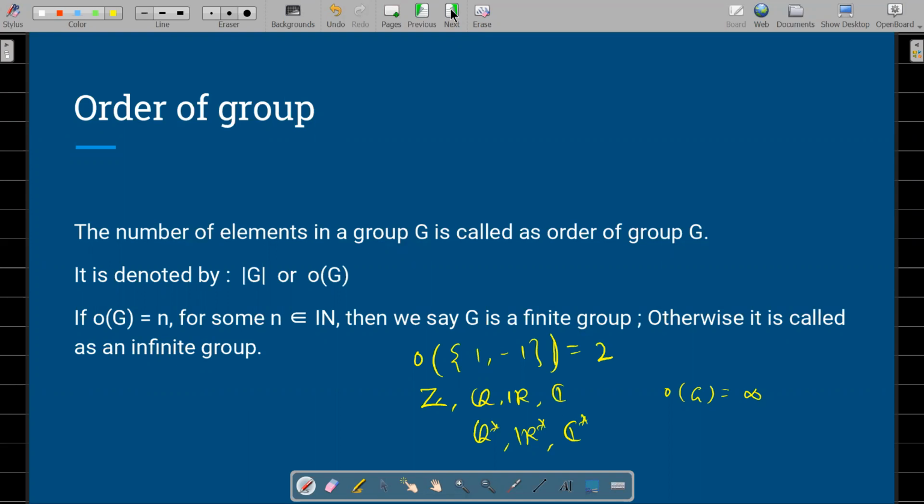Then we have the concept of commutativity for a group, that's called an abelian group. And we have proved that identity and inverse are unique elements. And here is one more concept, order of a group. Fine so far?